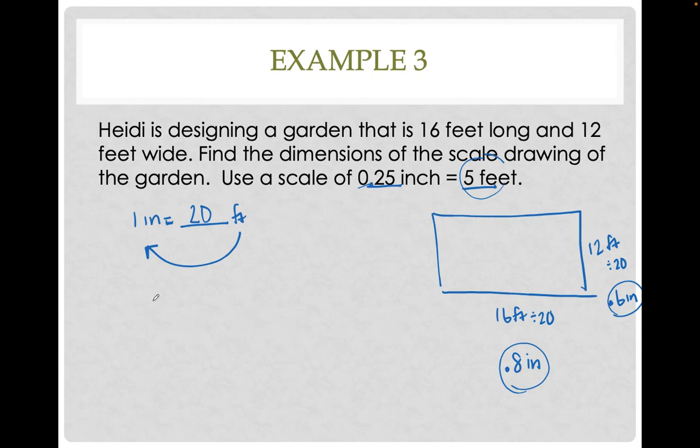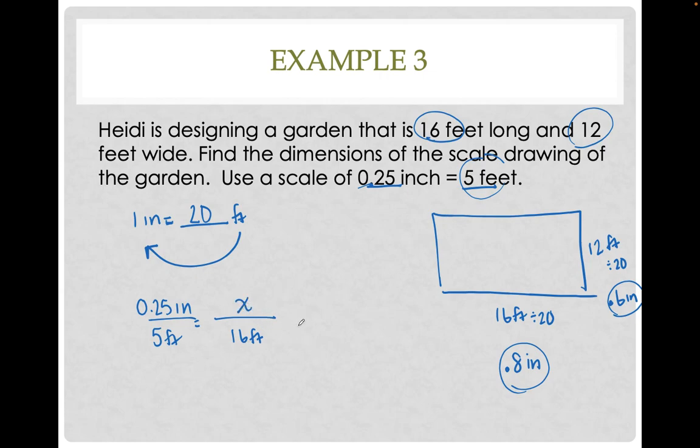Another way you could solve this is by using the proportion again. You can use just the original given information. 1/4 of an inch is 5 feet. We were given 2 different measurements. So what's tricky about this is that oftentimes I see students want to put the 16 and the 12 both in this proportion, but then that leaves no space for the missing value. So 16 feet, we have our feet on the bottom, and so the 12 is also feet, so we can't put that on the top.